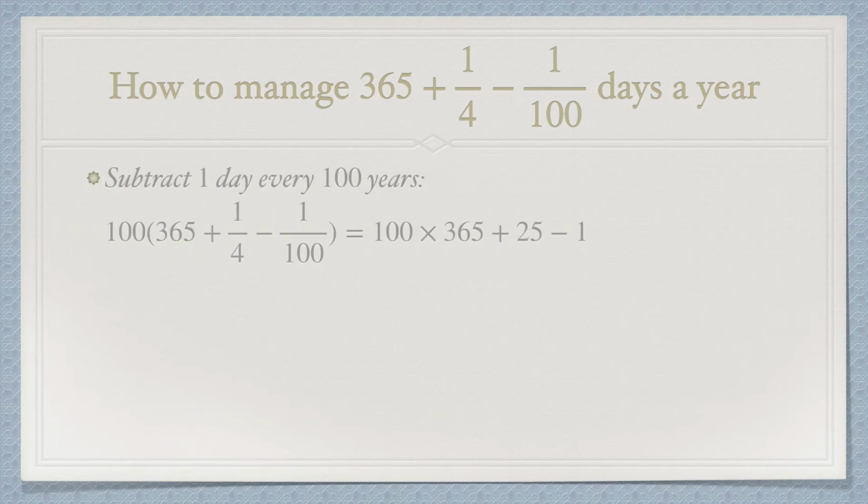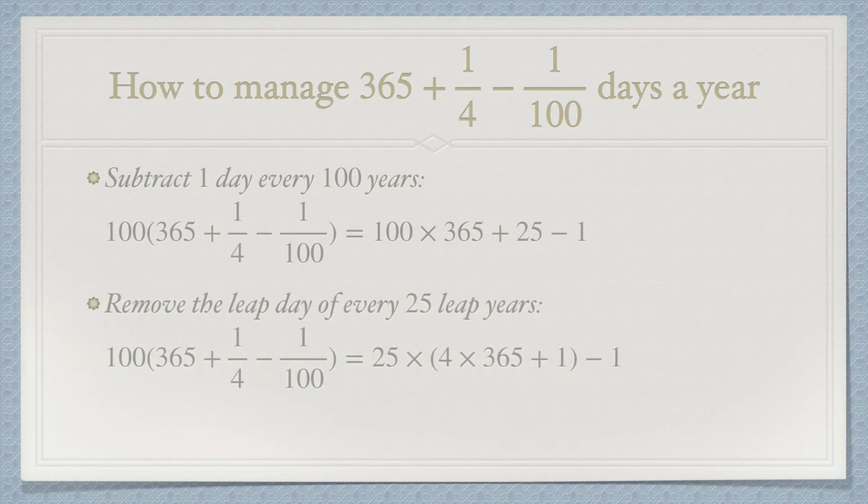How to manage 365 plus 1 over 4 minus 1 over 100 days in a year? You may subtract 1 day every 100 years, because 100 multiplied by 365 plus 1 quarter minus 1 over 100 is 100 multiplied by 365 plus 25 minus 1. And there are 25 multiples of 4 in a century.